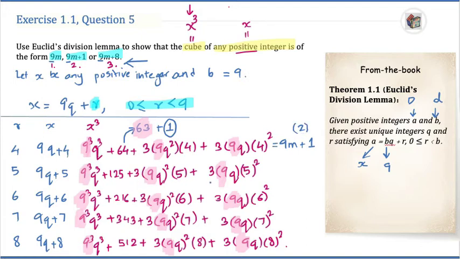Again, when I take 9 common from these, I only have to think about the 125. How can I express this? How can my constant become 0, 1, or 8? Well, 125 is not divisible by 9. When you try and divide 125 by 9, let me show that. 9 ones are 9, 35, 9 threes are 27, 8 will be your remainder.